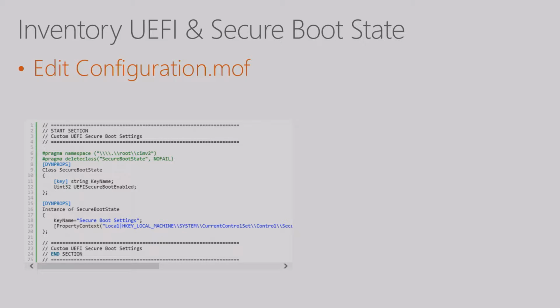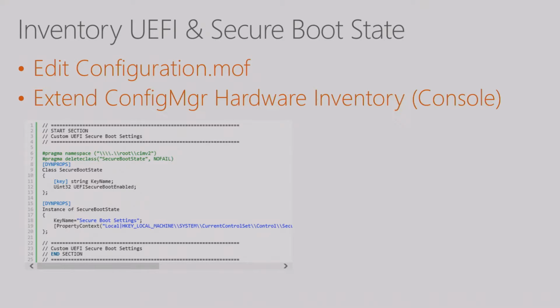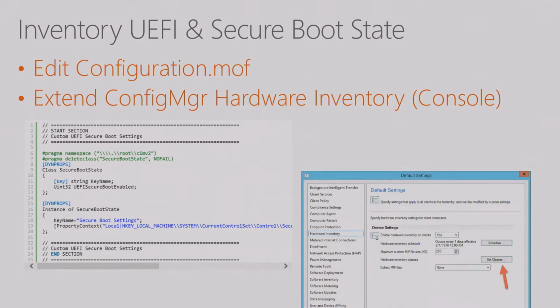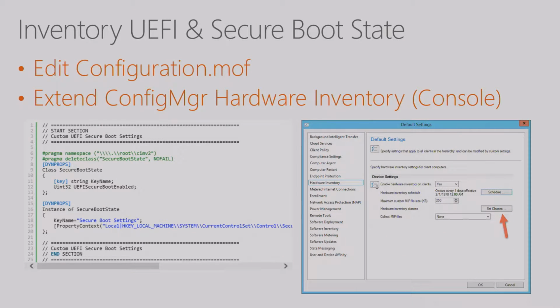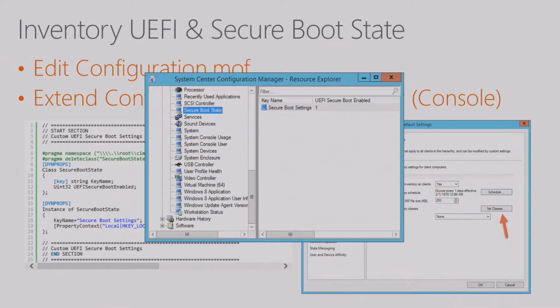Then we define those particular classes in our Config Manager console, and next we get Secure Boot state in Resource Explorer. It basically creates a new view in the database. We could use it for web reporting. We can use it for looking up Resource Explorer.